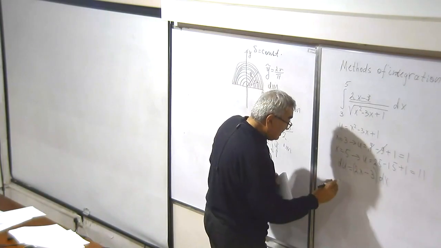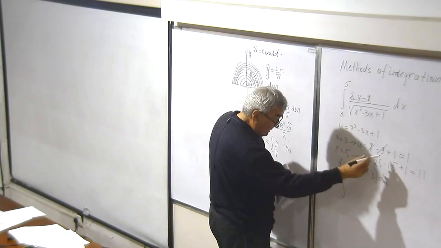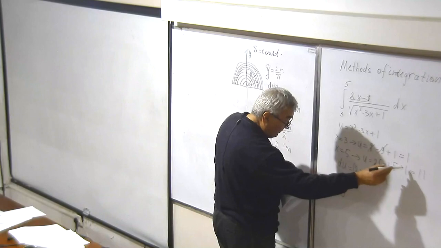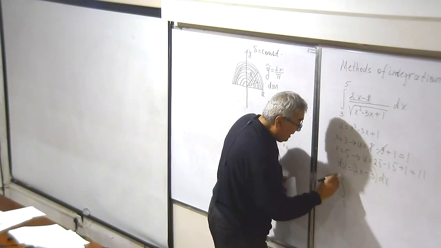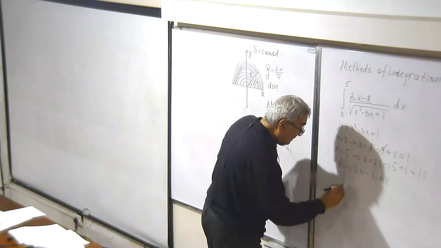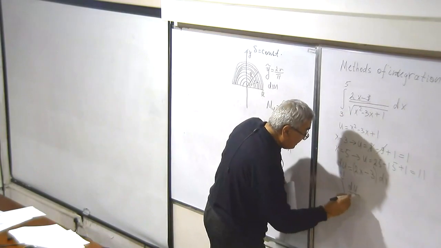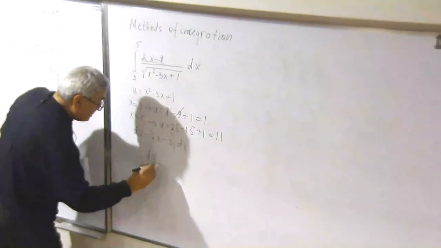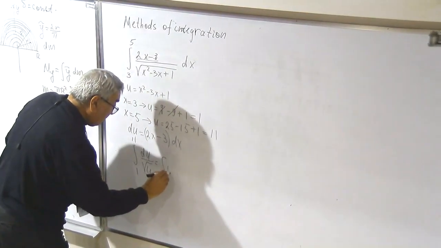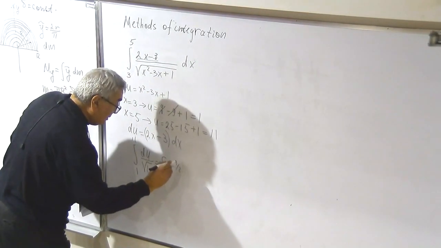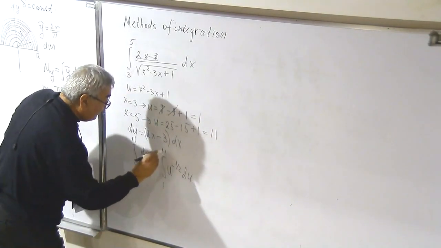That means that instead of this integral, now integrating over the variable u, the integration will be from 1 up to 11. Here will be du divided by the square root of u, which is possible to write as the integral of u to the power minus 1 by 2 du, from 1 to 11.